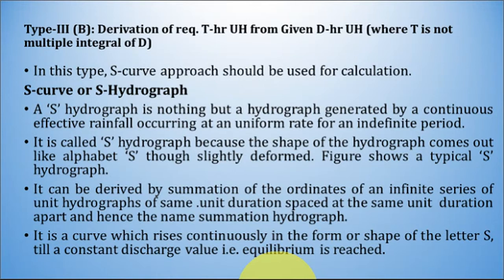It can be derived by summation of ordinates of an infinite series of unit hydrographs of the same unit duration spaced at the same unit duration apart, and hence the name summation hydrograph is given. It is a curve which rises continuously in the shape of the letter S till a constant discharge value, that is equilibrium, is reached.